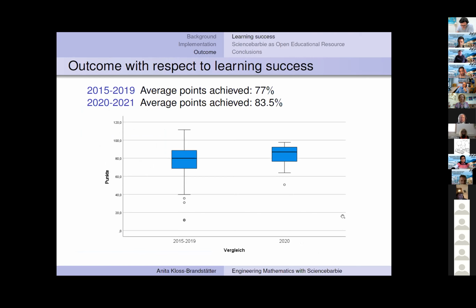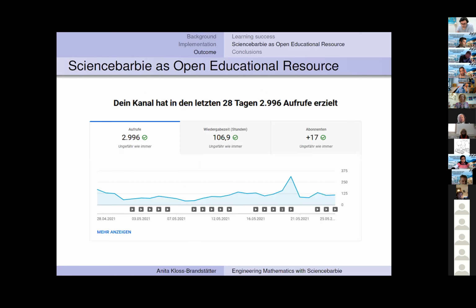In the years before, when I did the exercise groups, the average points achieved were 77%. In the winter term, the first winter term of the digital transformation, the average points achieved were 83.5. So we have a measurable increase in learning success.